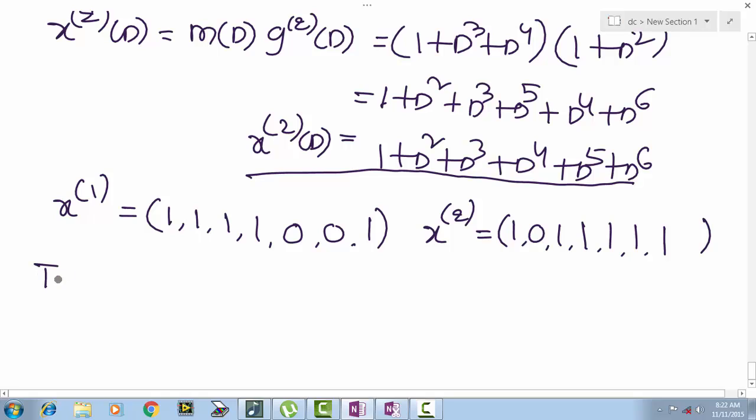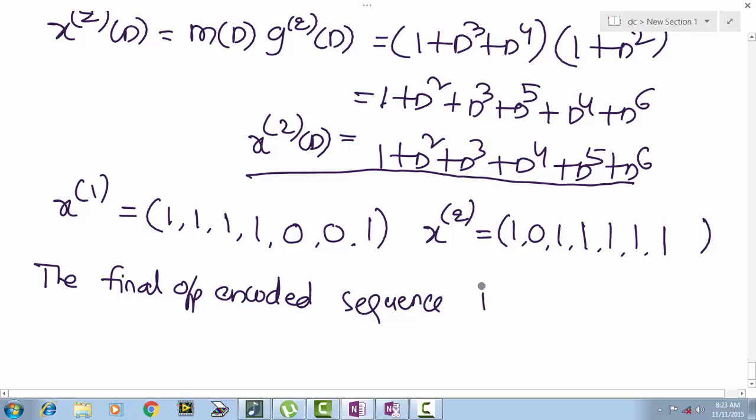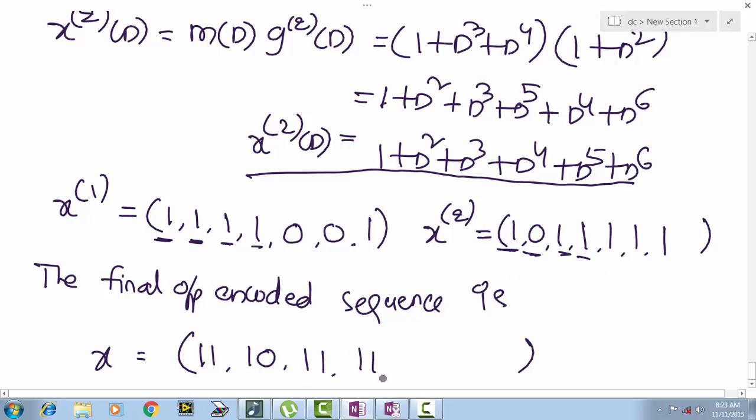we know how to write the final sequence, so the final output encoded sequence is x, which is 1 bit from the first output, 1 bit from the second output, so 1 1, again 1 bit from the first output, 1 bit from the second output, 1 0, and next 1 1, and next 1 1, next 0 1, next 0 1, next 1 1.